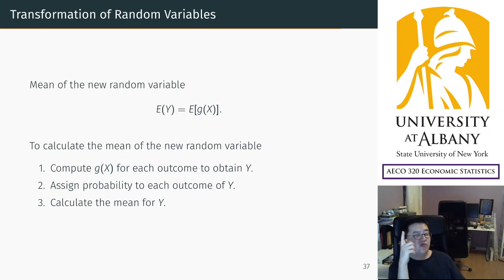And now, after the transformation, we are interested in the mean of the new random variable. The mean of the new random variable will be denoted as expected value of y. This is the notation for the expected value of random variable y. And because y equals g of x, you may write it this way: expected value of a function of x.